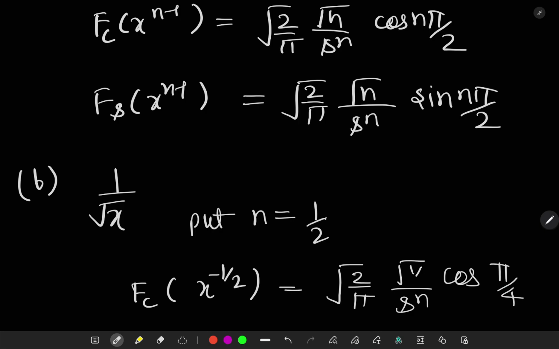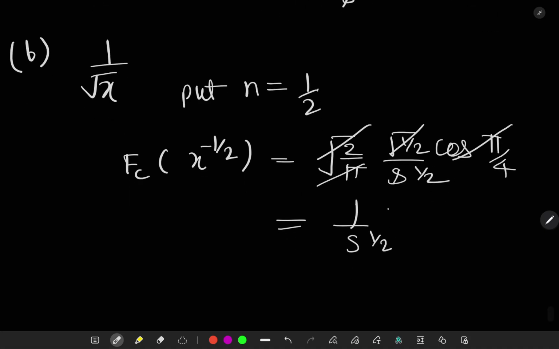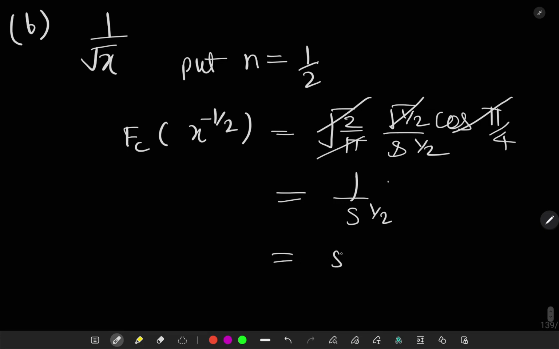So this n is 1 by 2, because here we put n equals 1 by 2, and gamma 1 by 2 is equal to root pi. So this will cut by this term, and cos pi by 4 is 1 by root 2, and this term is cut by this root 2, and sorry, this is also 1 by 2. So the answer becomes s raised to power of minus 1 by 2.